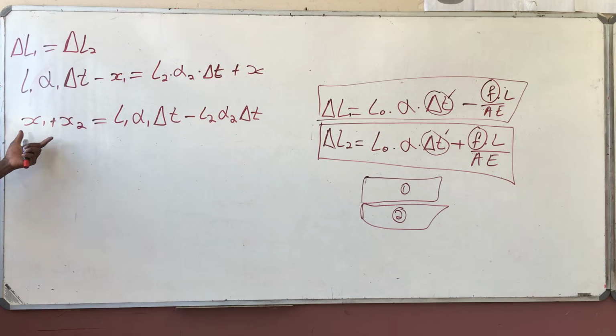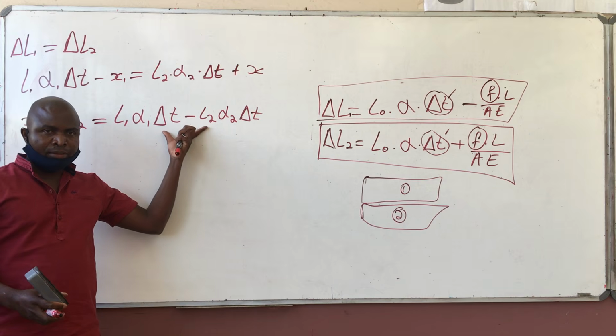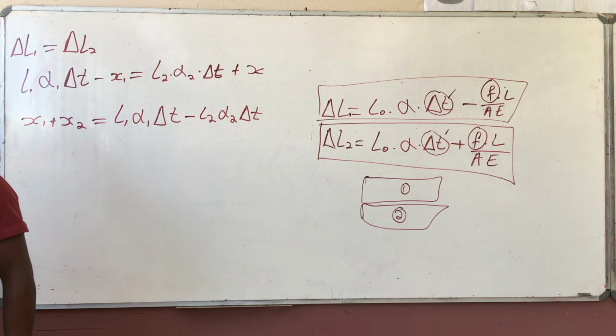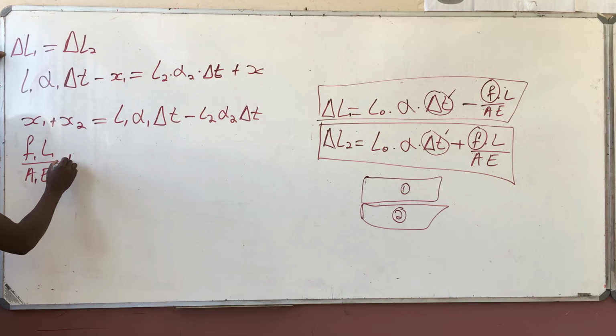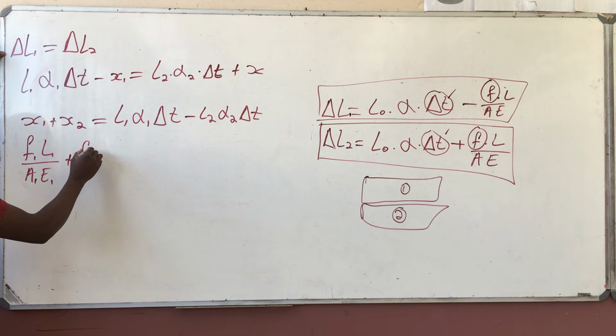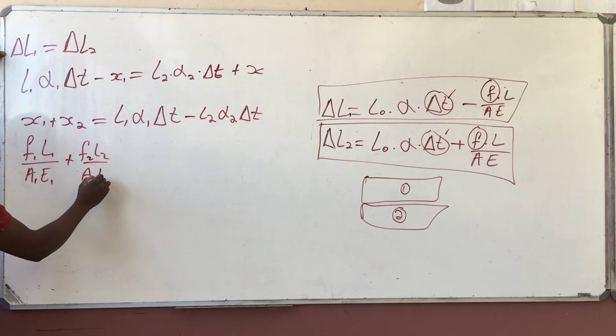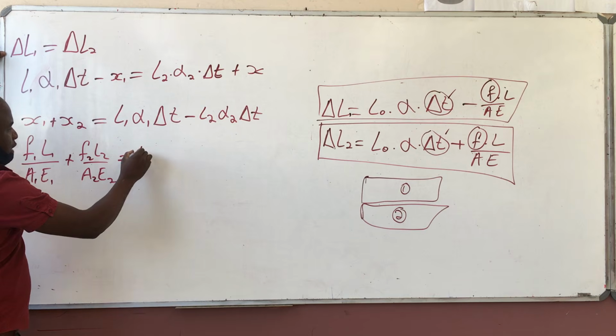I was just grouping the change in length due to force, and also the change in length due to temperature. Did I transpose it correctly? Okay, so from there, let me substitute: F1 L1 over A1 E1 plus F2 L2 over A2 E2 is equal to the temperature terms.